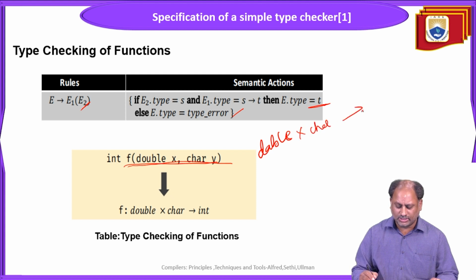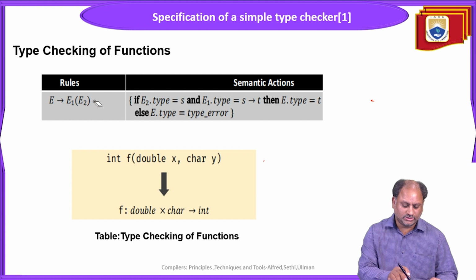What is the return type you are expecting? It will verify whether this expression type and this argument type are evaluated, and the combined expression result is of the same type, matching correctly or not. That is to be verified in the case of type checking of functions.